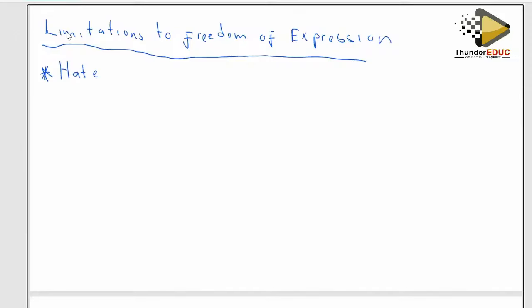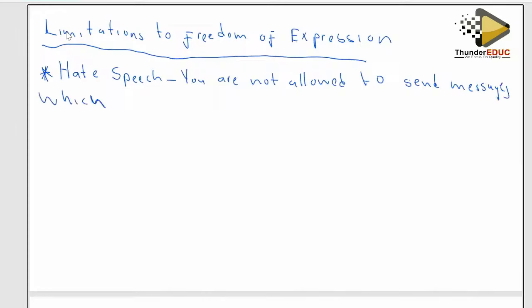Individuals are not allowed to send messages which incite violence or which cause harm to others.